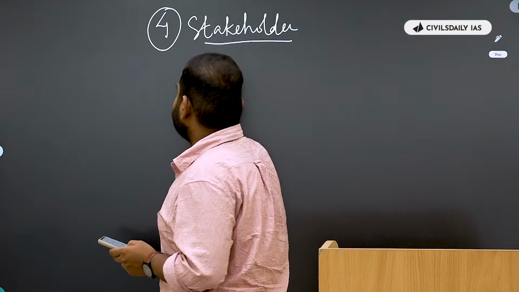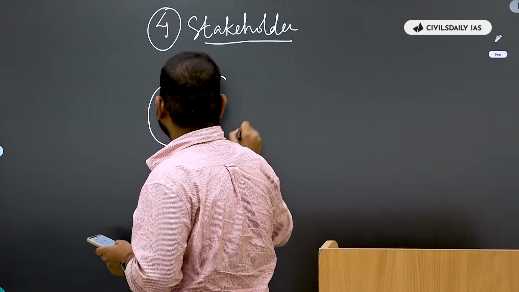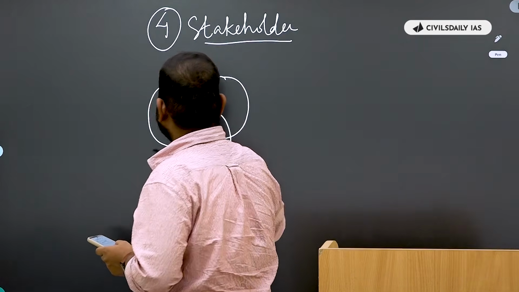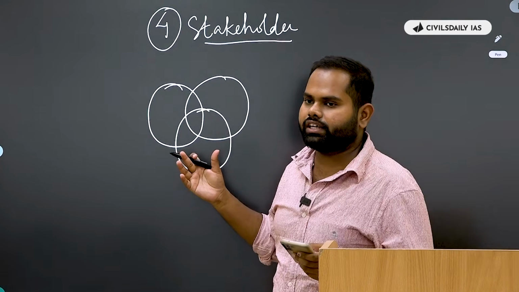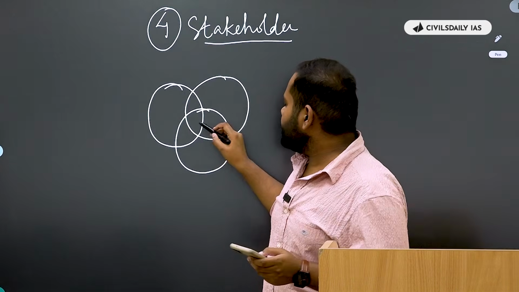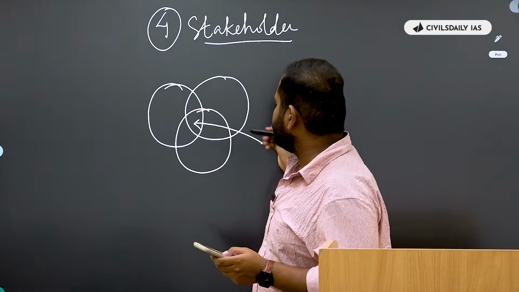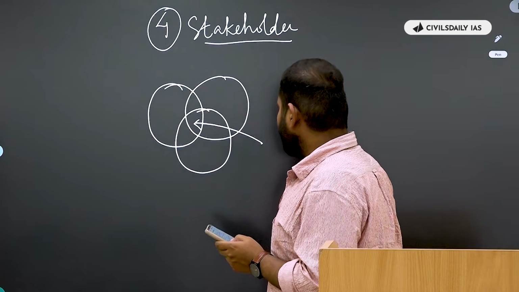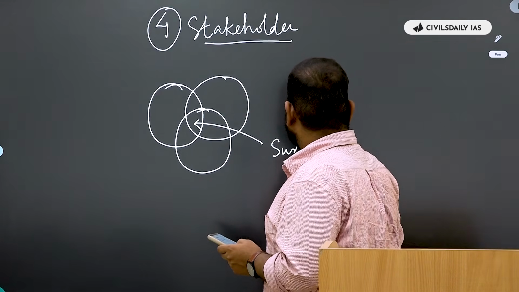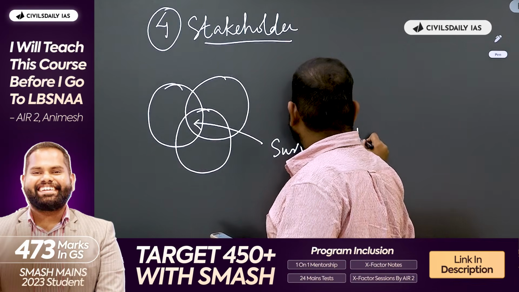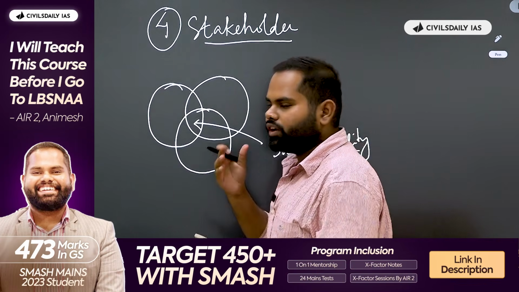A very simple one is when you're drawing Venn diagrams, which is about using Venn diagrams to illustrate a lot of stakeholders. A common one, for example, is sustainability, which must be in a lot of our notes as well.